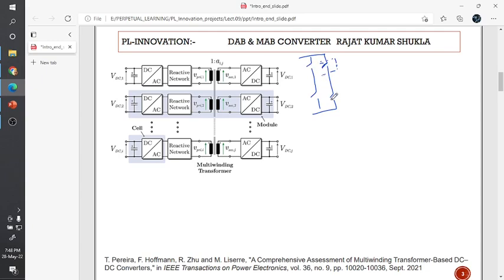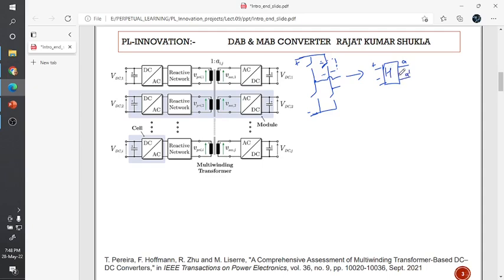Similarly, there are four switches involved. This common representation is the normal H bridge, where this is the DC link plus and minus. Similarly, this is the DC link plus and minus. This is the middle point, which is connected with the transformer. Let's call the middle points A and A dash.